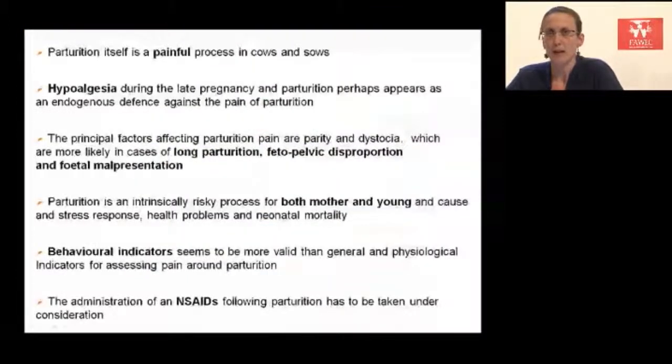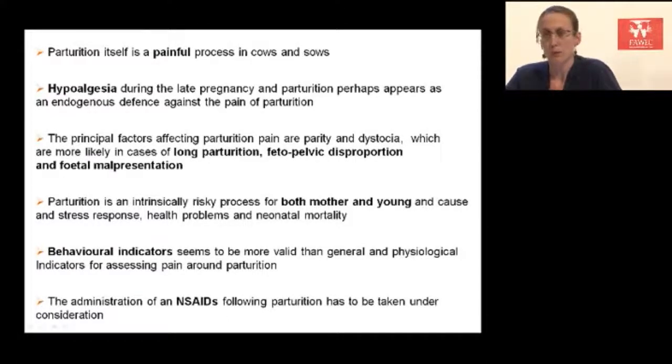Also, we explained the hypoalgesia present during late pregnancy and also during parturition, and perhaps that appears as an endogenous defense against the pain of parturition. We explained that the principal factors affecting parturition pain are parity and dystocia, and also other associated factors are longer parturition, fetal-pelvic disproportion, and fetal malpresentation.